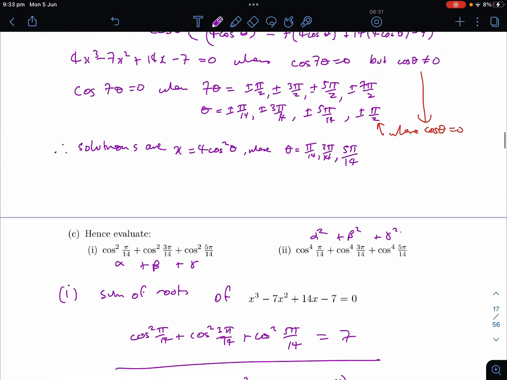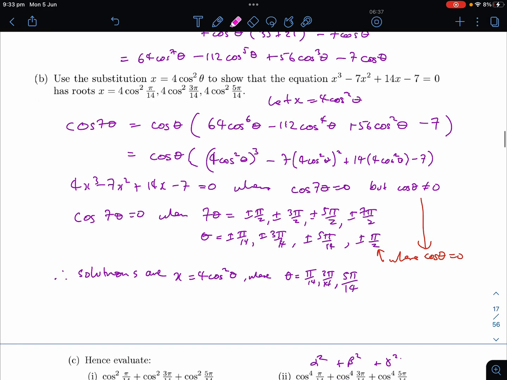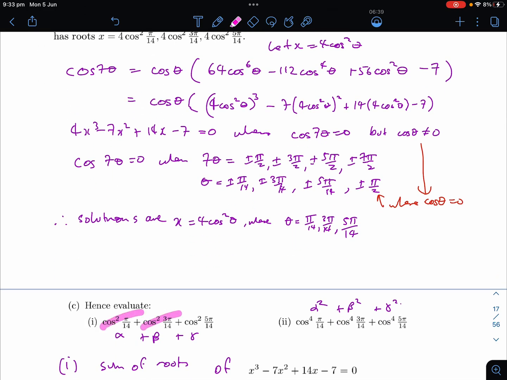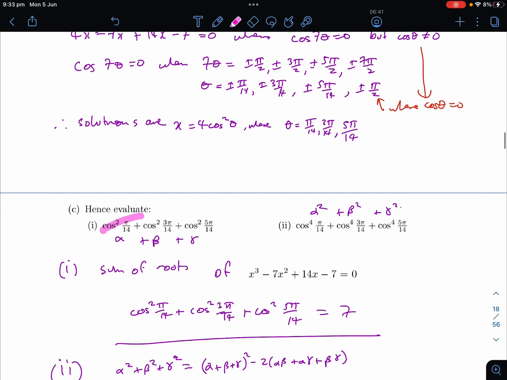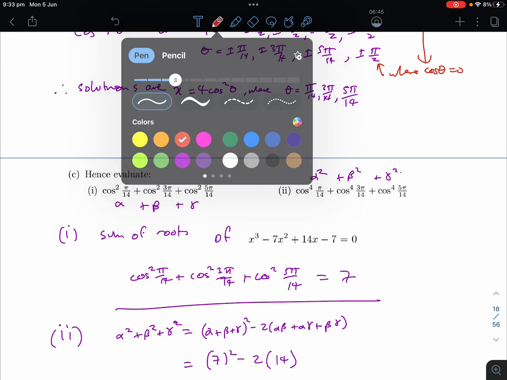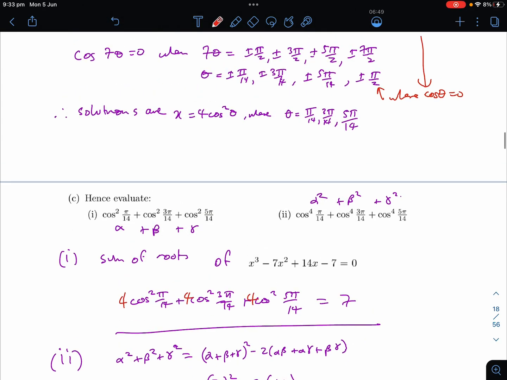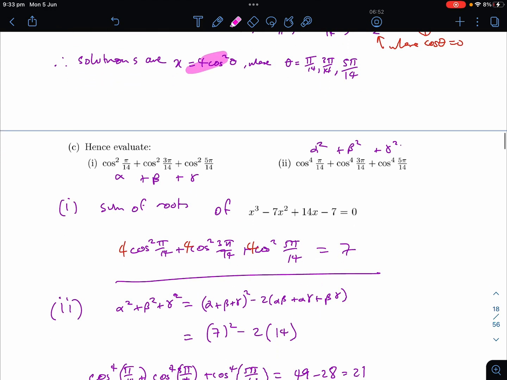Because these roots are, pardon me, these roots are not at all what I've represented as alpha, beta, and gamma. Alpha is 4 cos squared, so let's just fix these. This is 4, 4, 4, because x equals 4 cos squared theta.